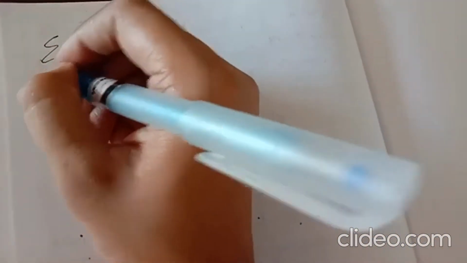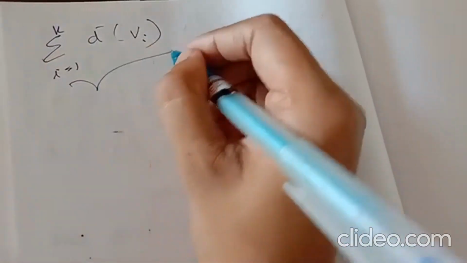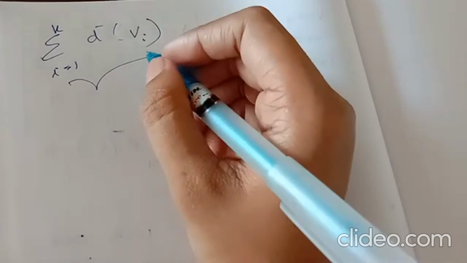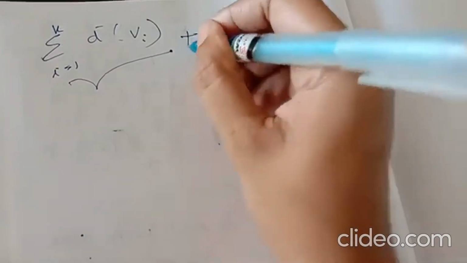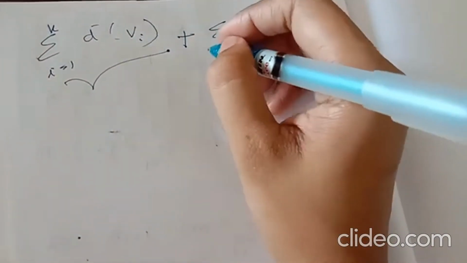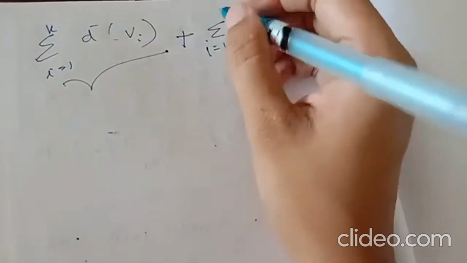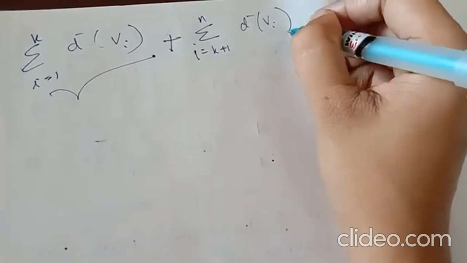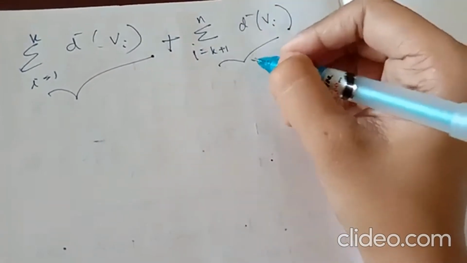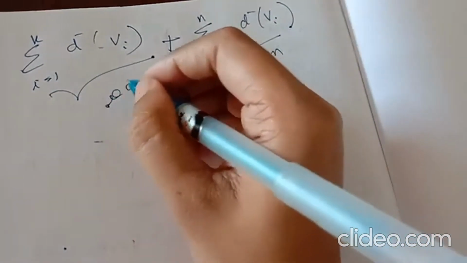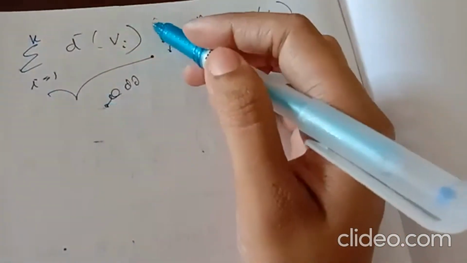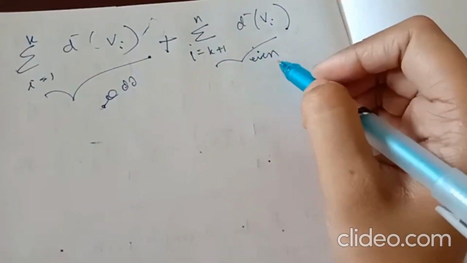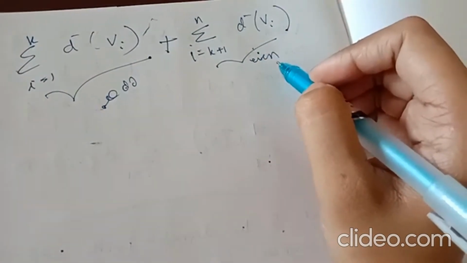This is our assumption first. Next, the remaining n minus k vertices, that is from k plus 1 up till n, have even in degrees. So only k vertices have odd in degrees, and the remaining n minus k vertices have even in degrees, right?